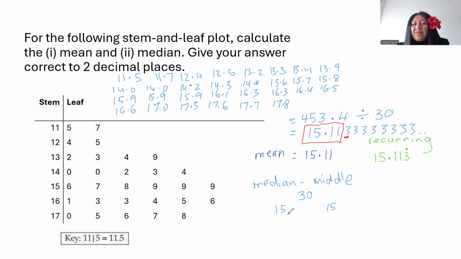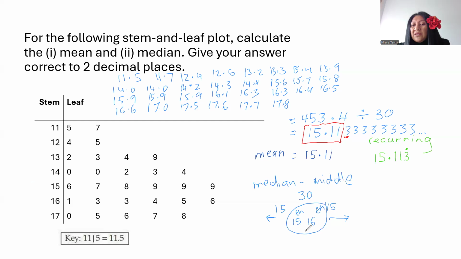So if we had 15 data points on the left and 15 data points on the right-hand side, that would give us 30 data points altogether. So therefore, the middle values here would be the 15th data point and the 16th data point. So there will be 2 middle numbers.